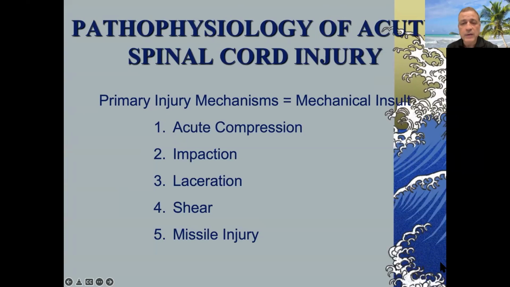When you look at the pathophysiology of acute spinal cord injury, there are primary injury mechanisms and secondary injury mechanisms. The primary injury mechanism is what happens at the time of the injury, and secondary injury mechanisms are the biochemical events that occur subsequently that can result in further injury and neurological deterioration. So the primary injury mechanisms range from acute compression, for example a fracture dislocation, all the way to shear or missile injury for a penetrating trauma.